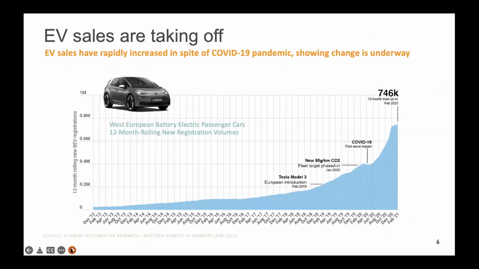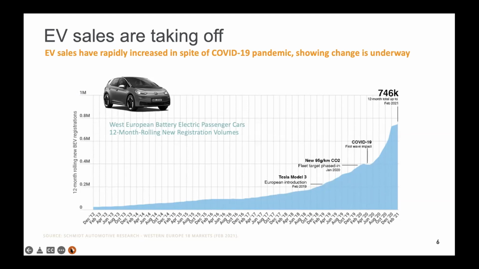This graph here just shows how the sales of electric vehicles are really starting to take off. This is a clear indication of how policy, how legislation, and how individual perception is driving this incredible shift that we all need to face.